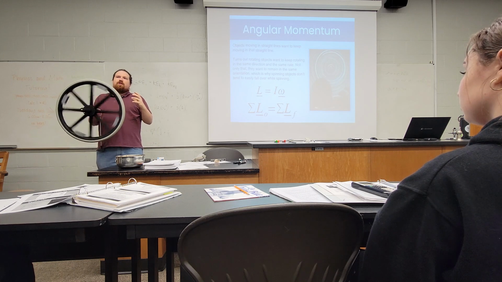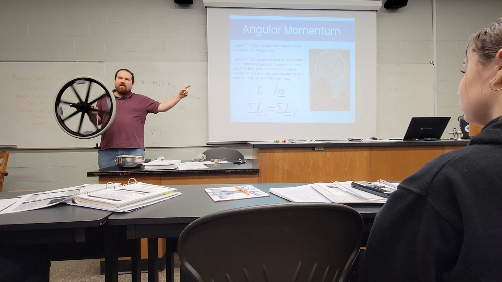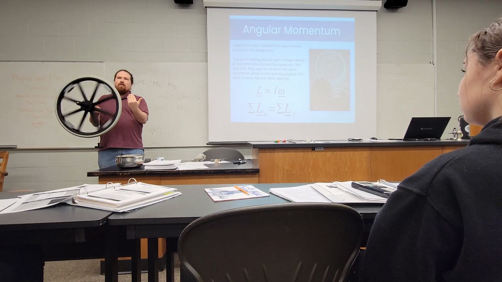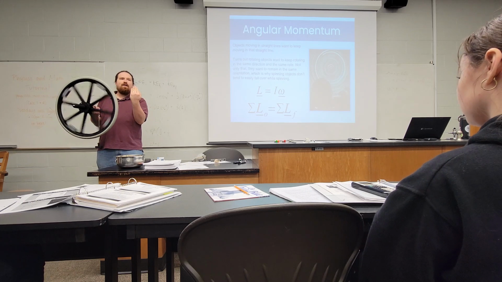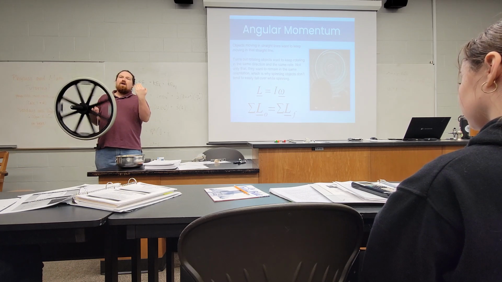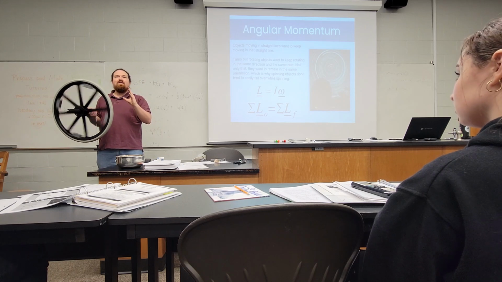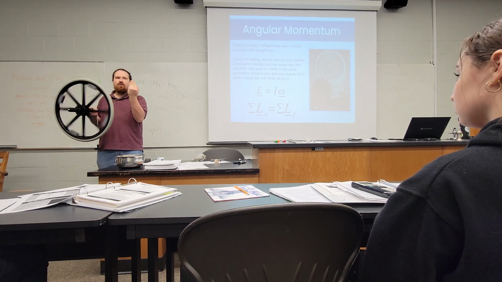So rather than just wanting to move in a straight line, this thing wants to keep spinning within a single constant two-dimensional plane. And it really hates if that plane tries to rotate.